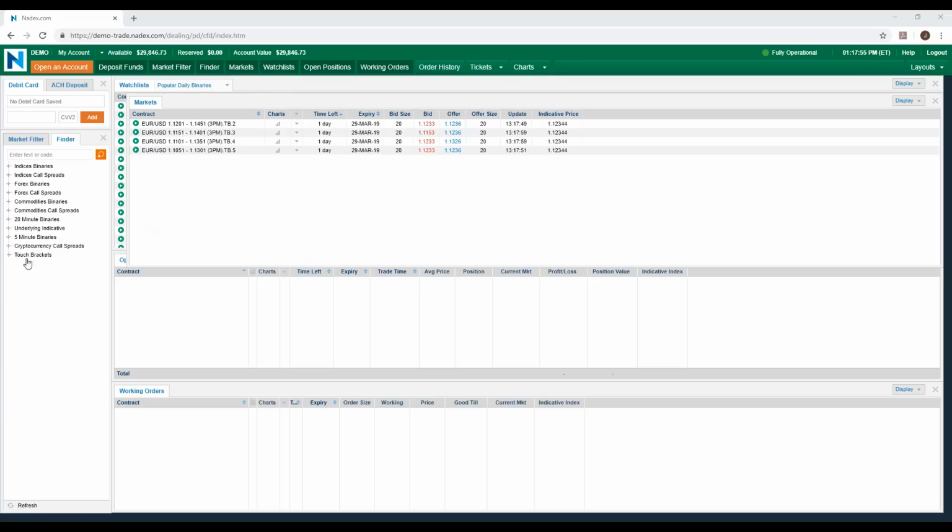So with the touch brackets, they're designed to mimic the market tick for tick. With the call spreads, you can get some of the very low risk spreads like I showed you. You can get some of the spreads right in the middle to mimic the market. You can do premium collection strategies. You can do hedging very easily with an ultimate hedge where you have a directional bias and then you're hedged off with a low risk spread, giving yourself a much bigger stop.